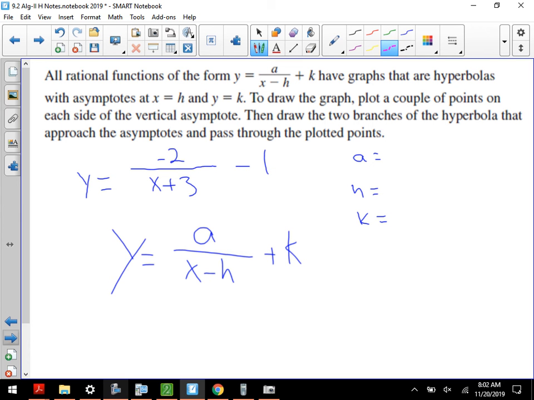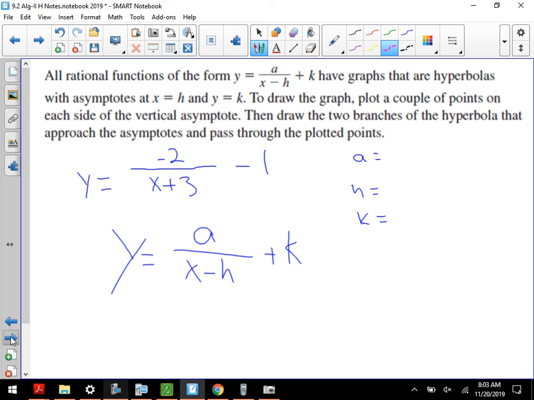Go back to the one we just did a second ago. It was 1 over x. What was the h value? 0. What was the k value? 0, because it wasn't there. That's where that came from. So what you're going to do is plot your asymptotes first, and then pick a couple of points on either side of the vertical to get the general idea of the curve. It's really easy when it's in this type of format.